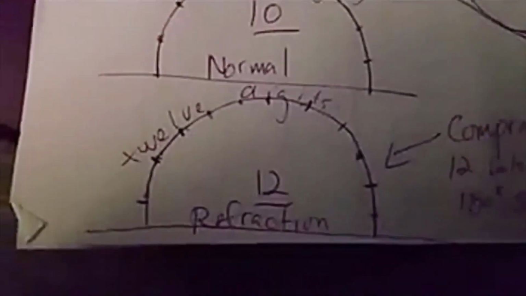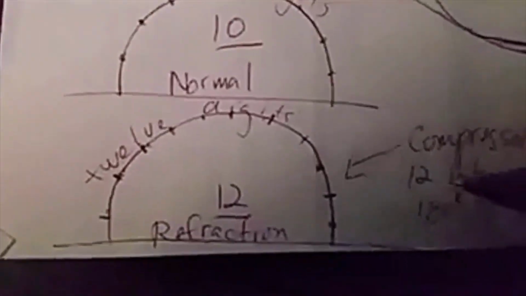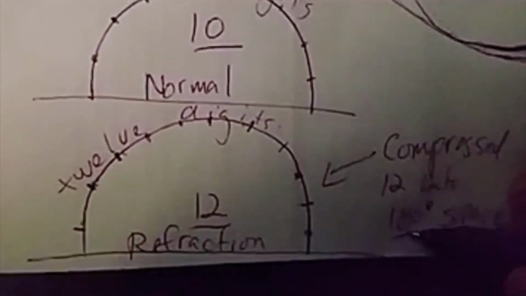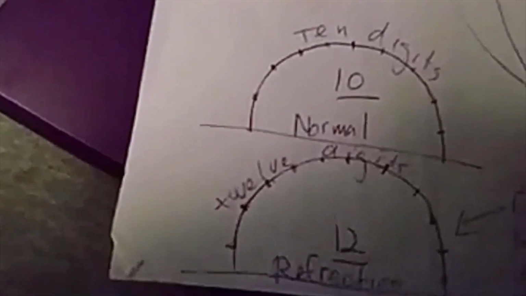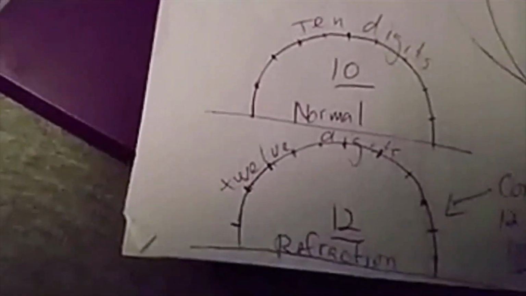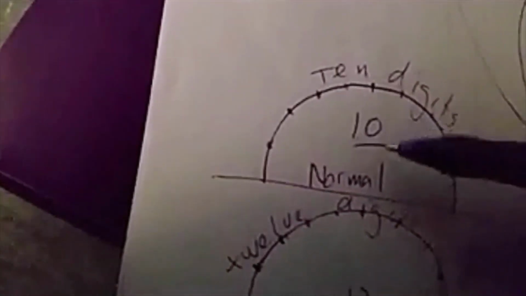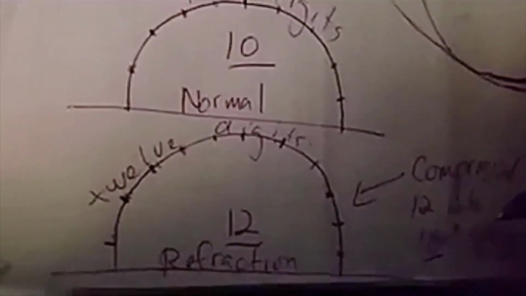And so because at ground level we only see 180 degrees, that's all we have to work with. You understand? From one side of the horizon to the other side of the horizon. So we have to compress. We have to fit 12 sections into a normally viewed 10 sections, all within 180 degrees.